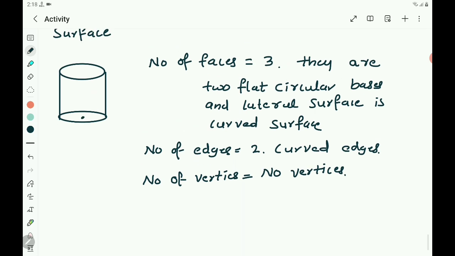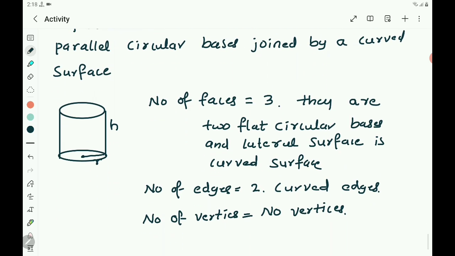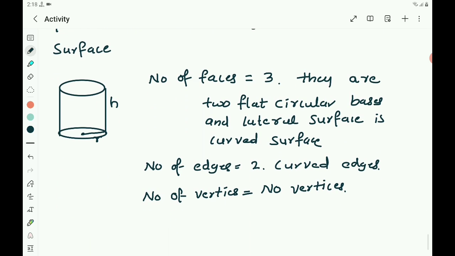You know that for circular faces we have to take the radius, and for curved surfaces we have to take height h. For cuboid we have to take L, B and H: L is the length, B is the breadth and H is the height.